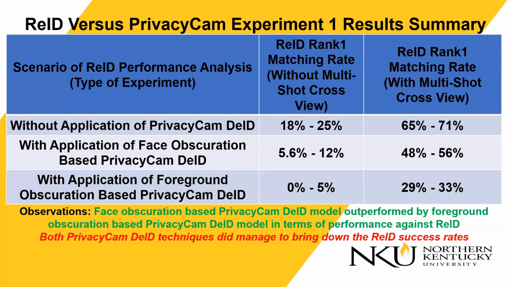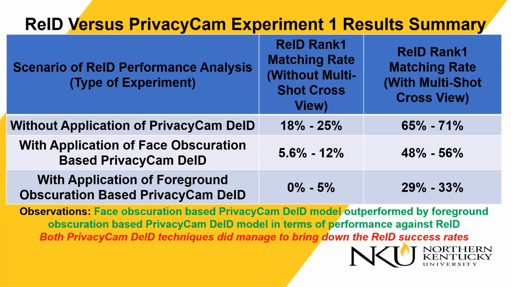So in the next slide, we're going to see the overall summarized results from this first Privacy Cam versus ReID experiment. As you can see in this table, what is noticeable is the ReID performance in terms of the ReID rank 1 matching rate, especially with the multi-shot cross view, which is probably the most relevant and the most important one in the context of this particular work. We see that without the de-identification, the ReID matching rate is between 65% to 71%.